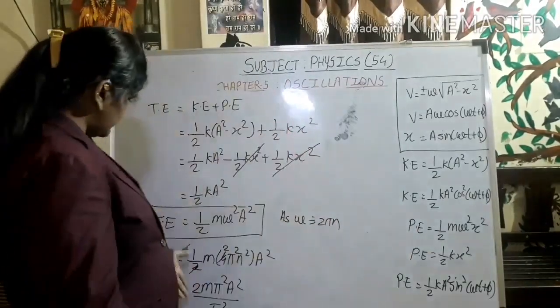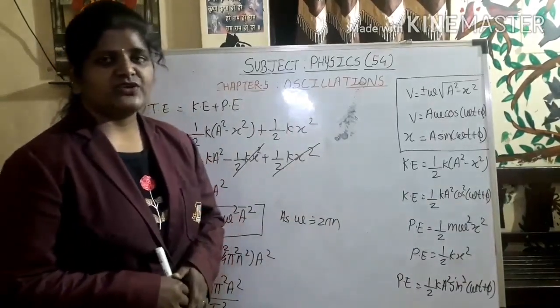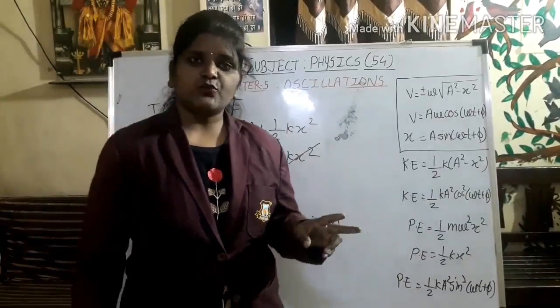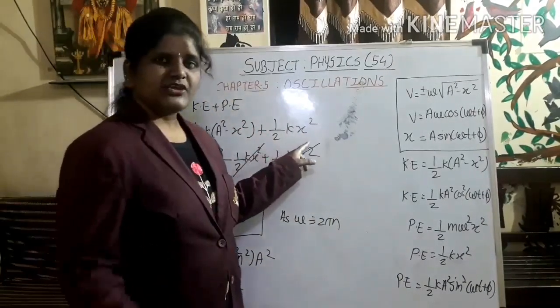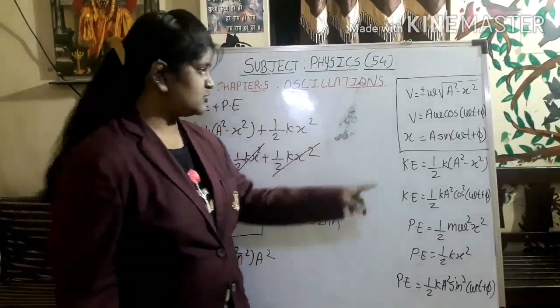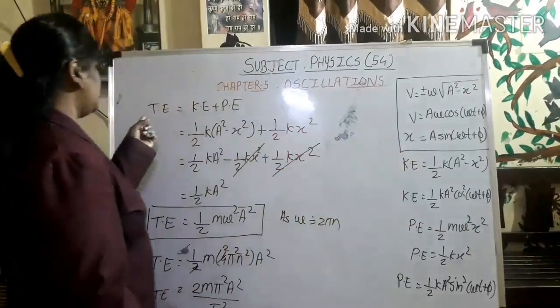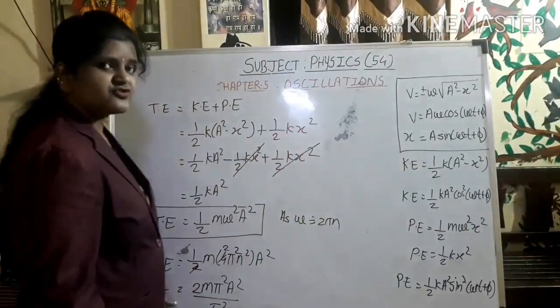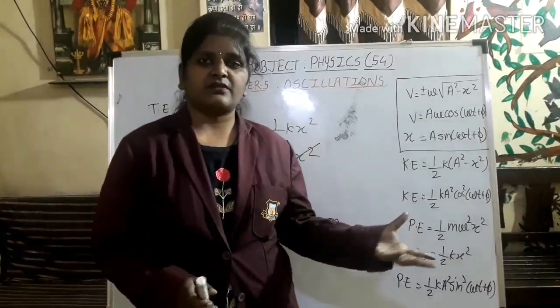So you have to derive this. Looking at the marks you are going to derive. If it is asked for only 2 marks, then you have to consider both equations by yourself. If it is asked for 4 marks, you have to derive both equations, and then you put that value in total energy, and then the final answer should be this. So depending on marks the answer is there.